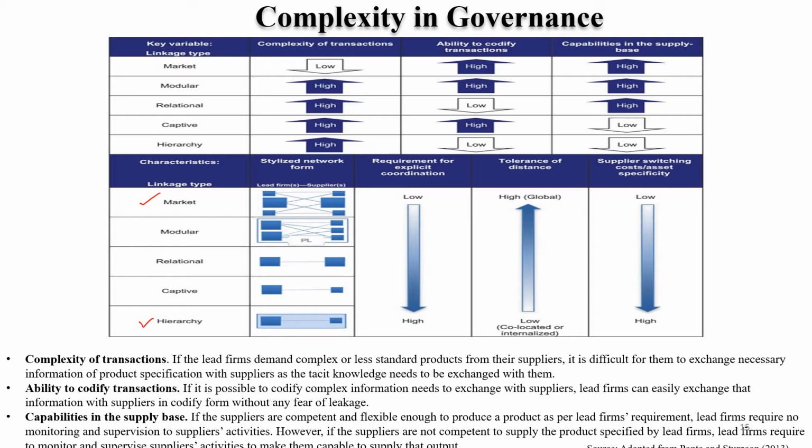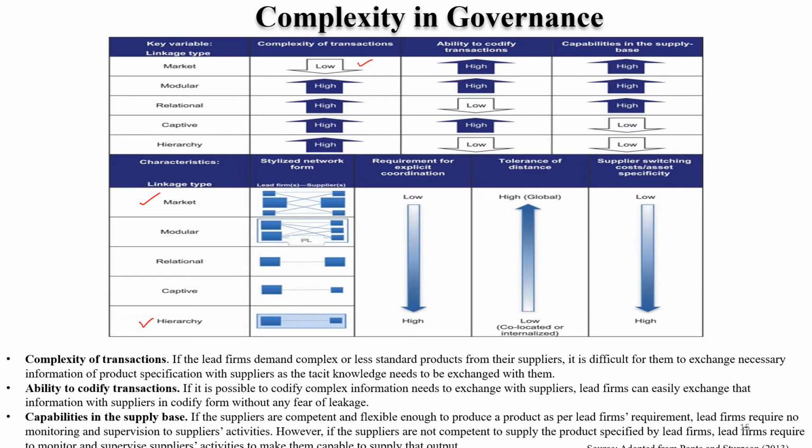They offer a particular price, and the supplier firm is selected accordingly. So if the complexity of transaction is relatively less, then a market driven mechanism is much more effective. On the contrary, if there is higher complexity of transaction, then maybe a hierarchical model or captive model becomes more appropriate.